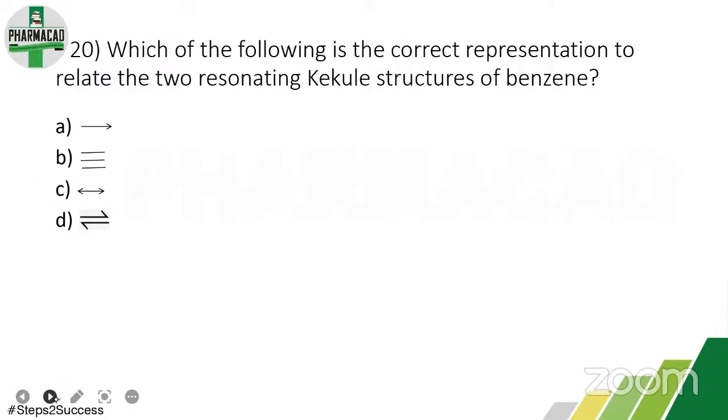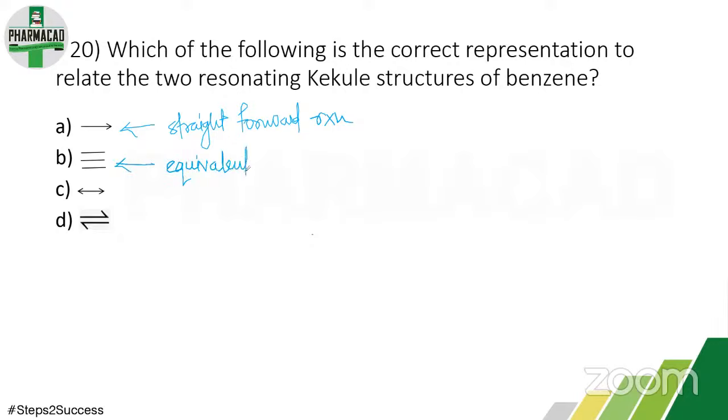Next question. Which of the following is the correct representation to relate the two resonating Kekule structures of benzene? Now this arrow represents the straightforward reaction, while this represents equivalency. This arrow is for resonance.